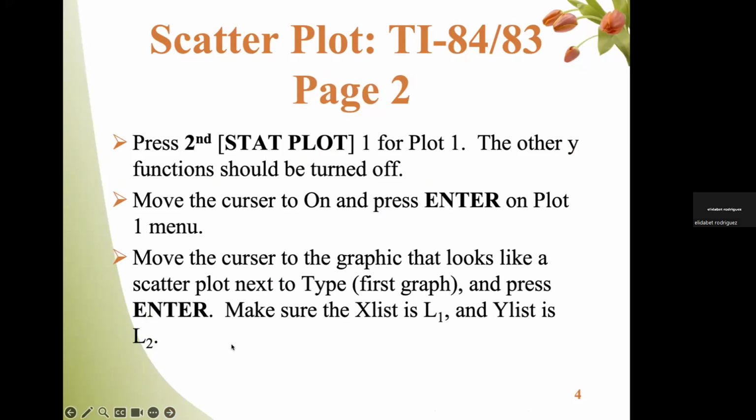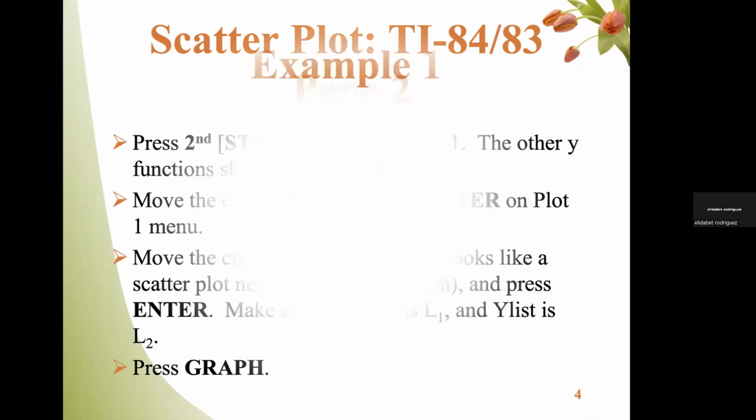Then there are several graph types, and you're going to pick the first graph, which is the stat plot. And we have to make sure that our X list is list 1 and Y list is list 2. Okay, then we're going to press graph, then you see your scatter plot.